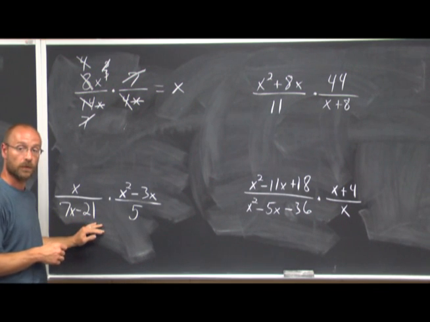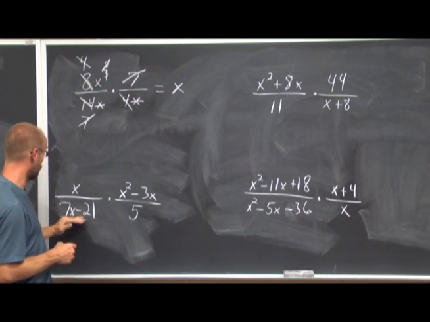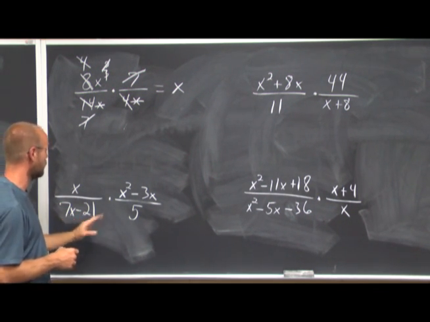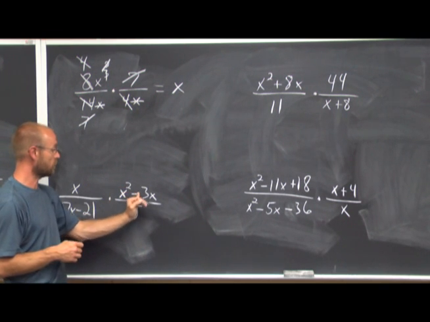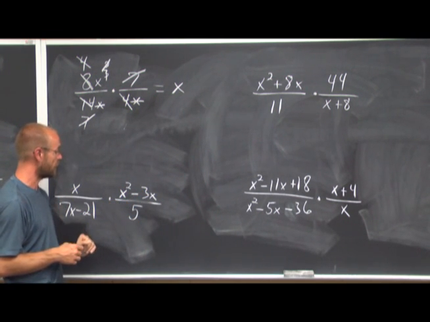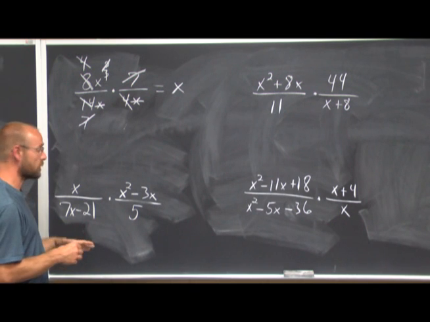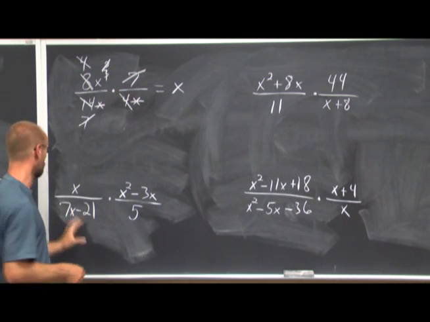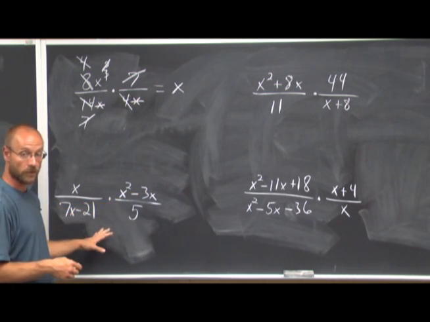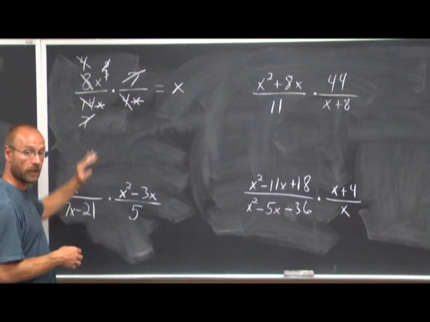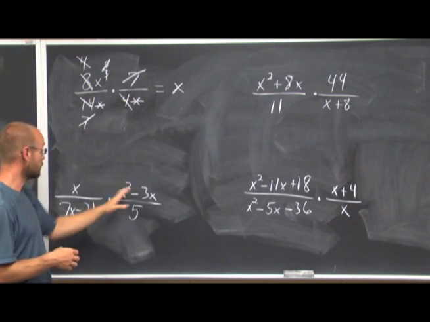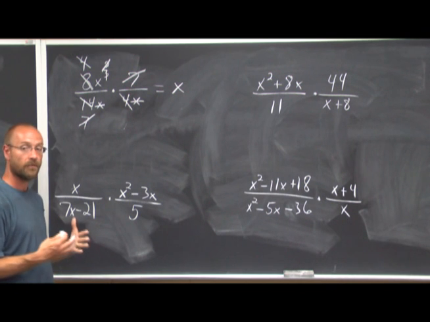Let's move down to this one right here. We have x over the quantity 7x minus 21 times x squared minus 3x divided by 5. So again, it's just a rational expression. Let's factor. Because these are polynomials, they're not just single terms. We have these sums or differences in here, so we have to use factoring.